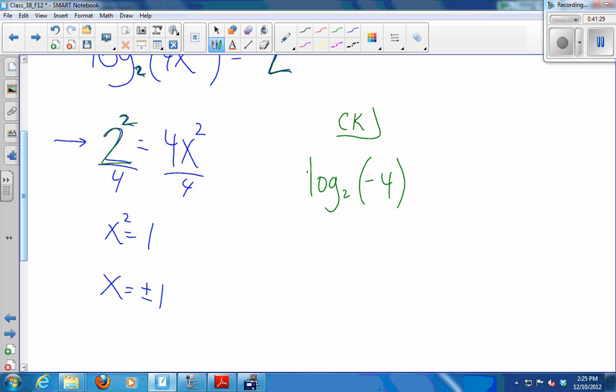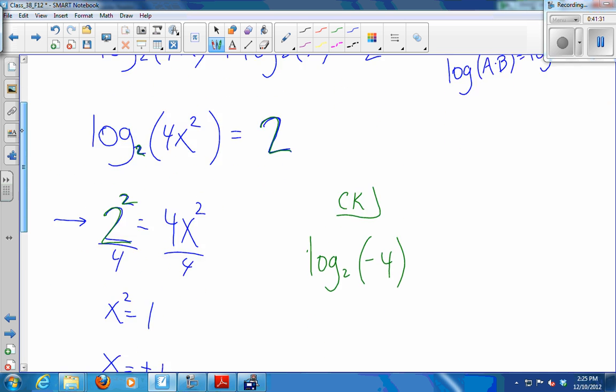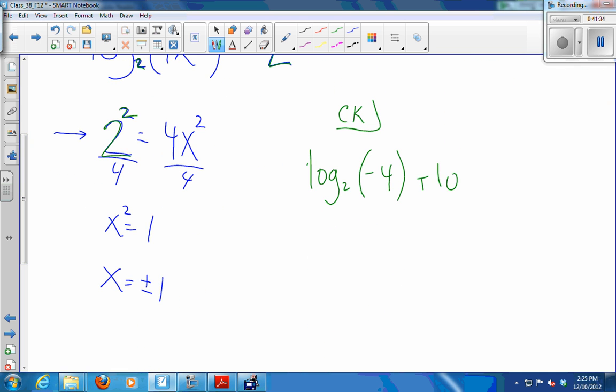Log base 2 of negative 4 plus log base 2 of negative 1 equals 2. You can't take the log of a negative number, because you're asking yourself, what power should I raise 2 to get a negative 4?